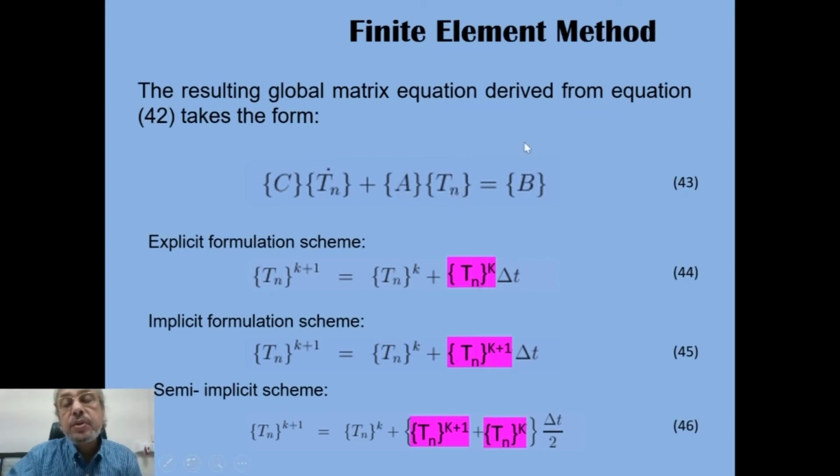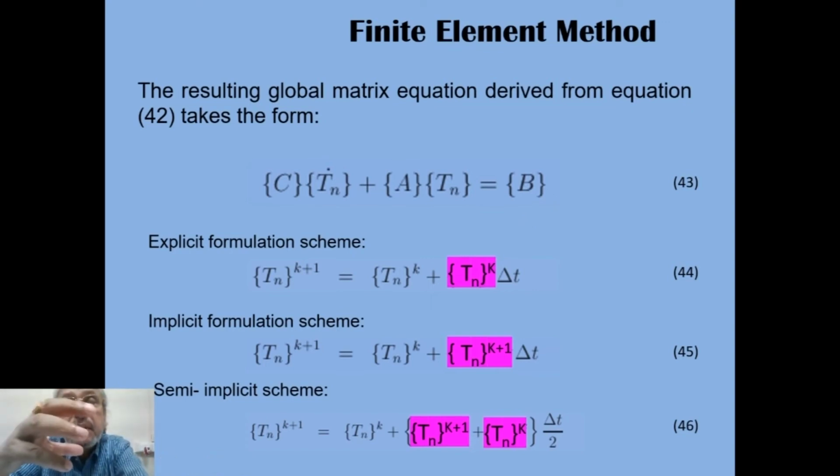So this also, from local we can finally form the global matrix and global vector and global heat load vector. Now, forming this C matrix, A matrix, B matrix is the major task.